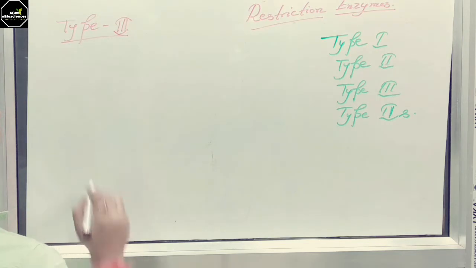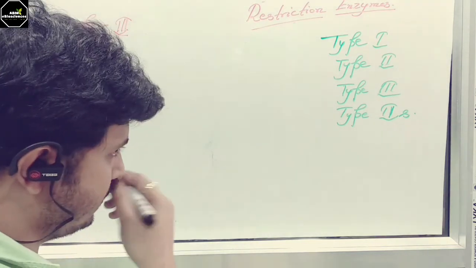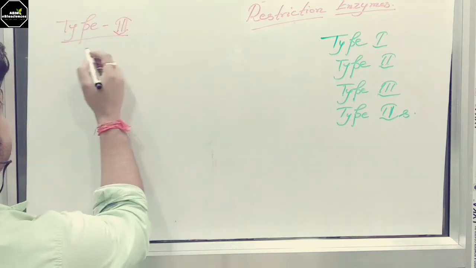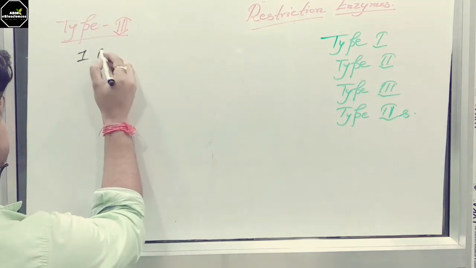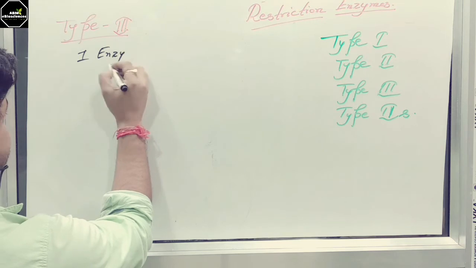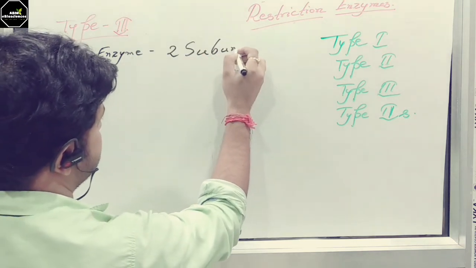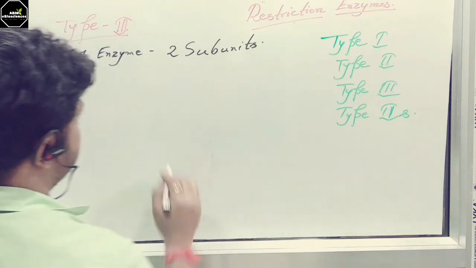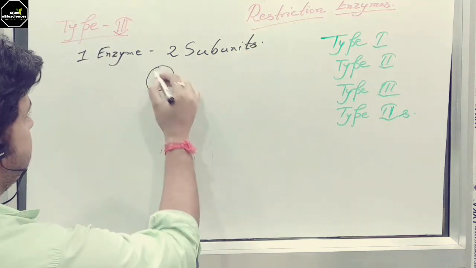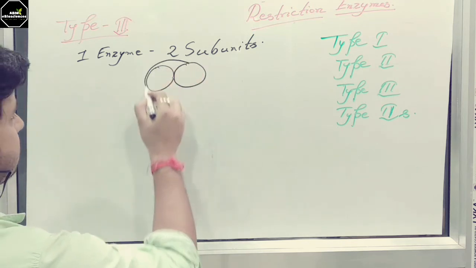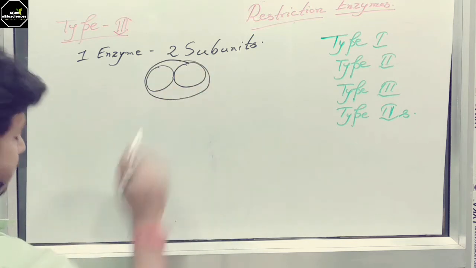So type 3 restriction enzyme is also useful information for cellular work. It consists of one enzyme and two subunits. Okay, so what are the functions? Suppose this is the enzyme complex and two subunits are there.